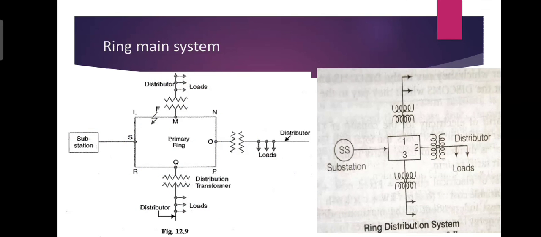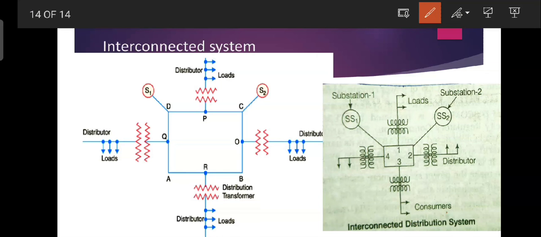Next, go to our interconnected system. So many various types of generating stations are connected, like hydroelectric power plant, nuclear power plant, thermal power plant, and tidal power plant.